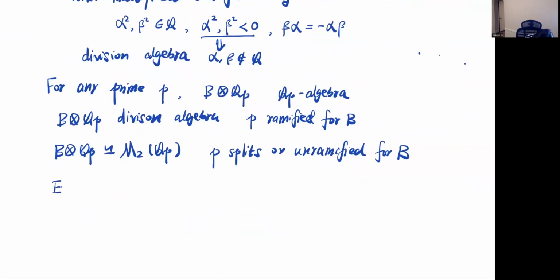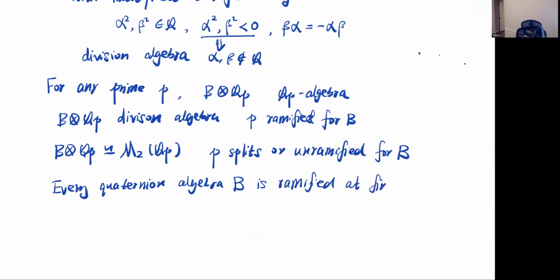So every quaternion algebra B is ramified at finitely many primes, and this set of primes actually determines the quaternion algebra up to isomorphism.